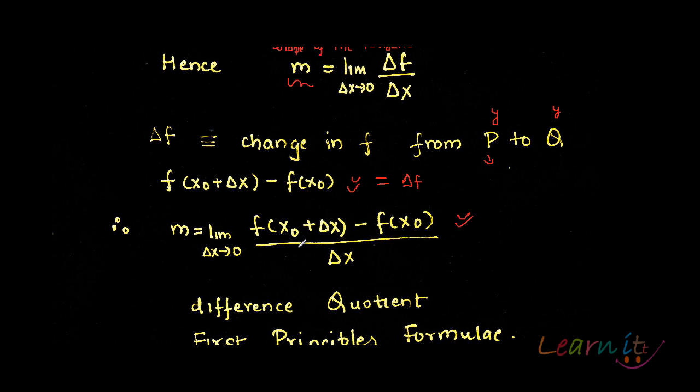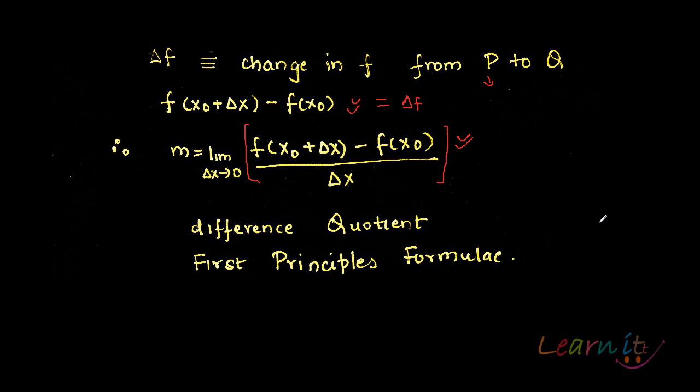Okay, it's in the quotient form. So the difference quotient is this portion. As the limit of the denominator goes to 0, the difference quotient will give us the slope of the tangent. And this is the first principles formula for finding the derivative also. We'll be looking at certain examples of it in the next videos.